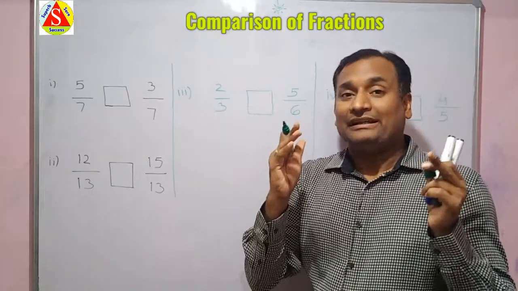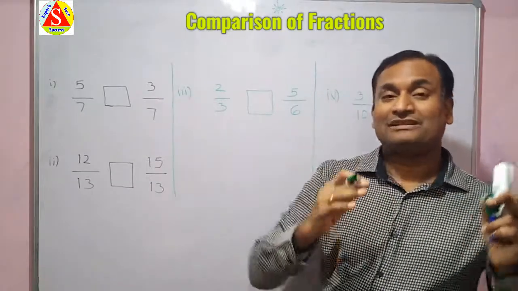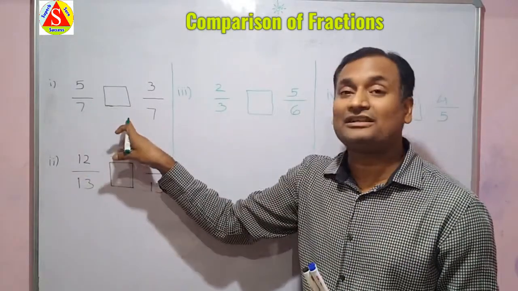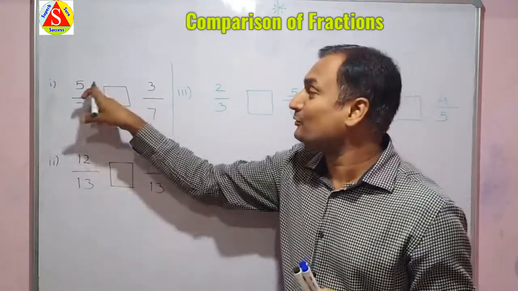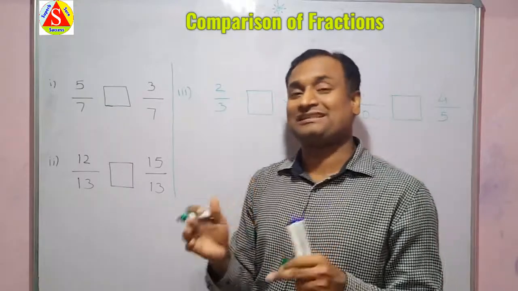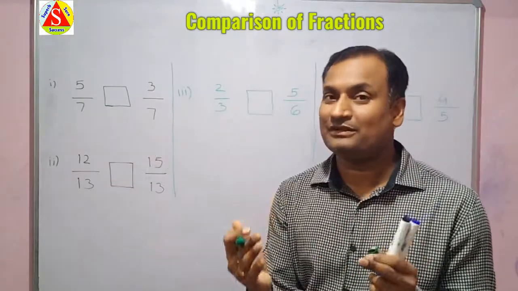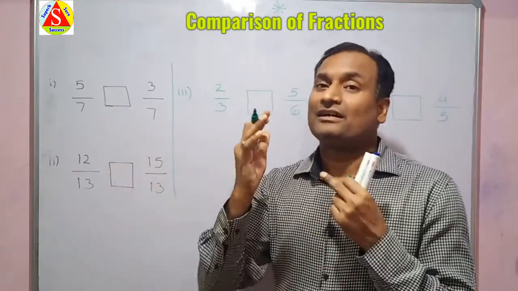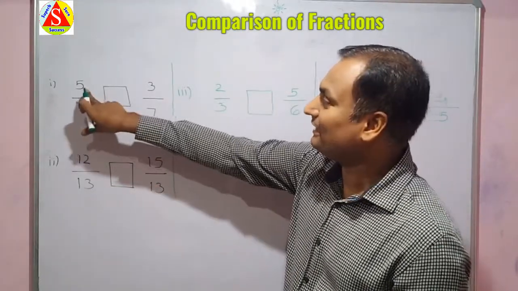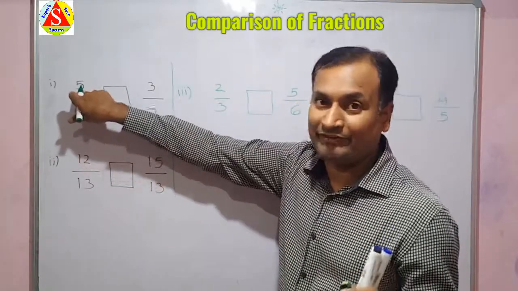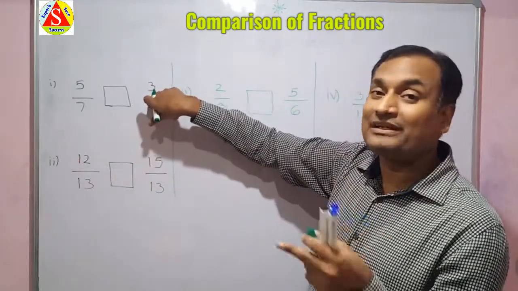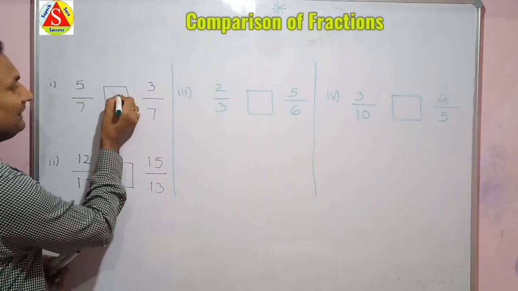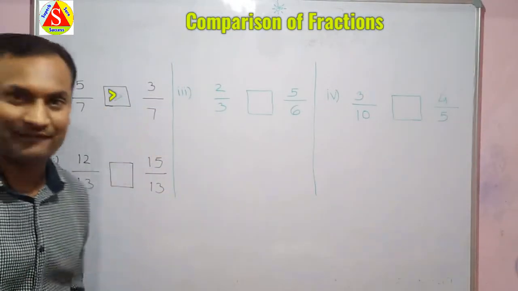In that case, if we have the same denominator, we can easily compare the terms by seeing the numerator only. Just see which numerator is greater, and that will be the greater fractional term. Here you can see the numerator 5 is greater than the numerator 3, so we can say that 5 by 7 is greater than 3 by 7.